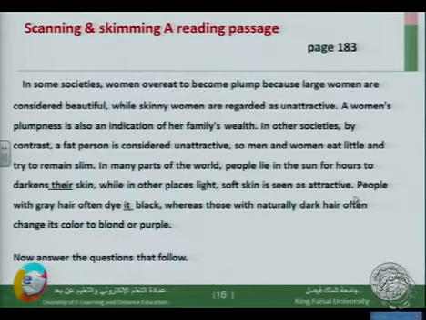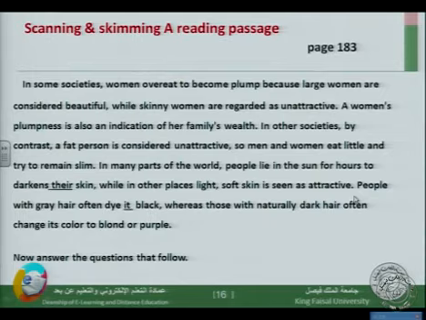Okay, in this, actually last, reading passage, let us read together and try to answer the questions that follow. In some societies, women overeat to become plump because large women are considered beautiful, while skinny women are regarded as unattractive. A woman's plumpness is also an indication of her family's wealth.